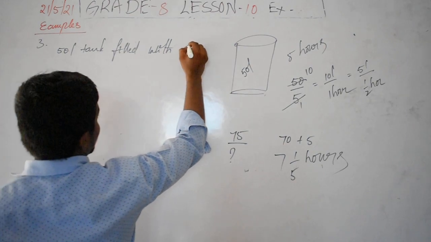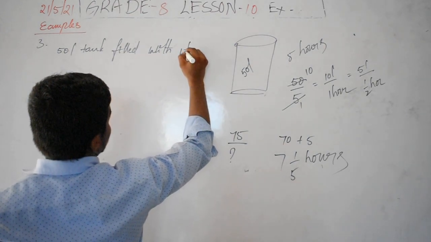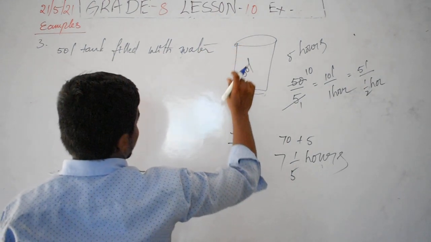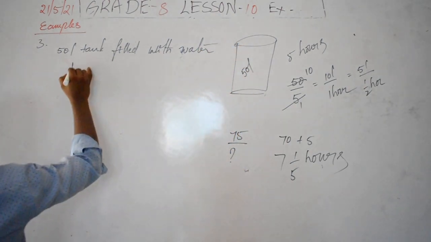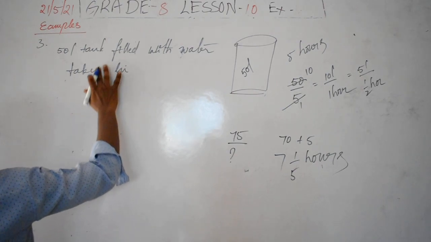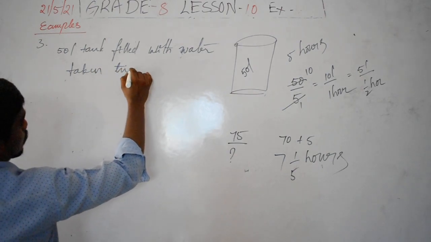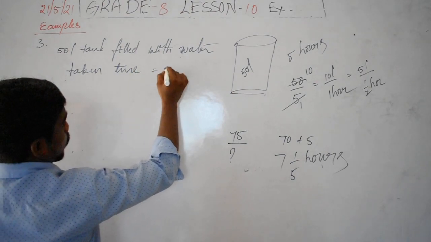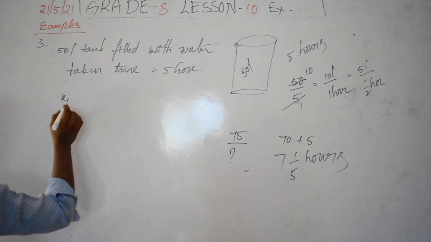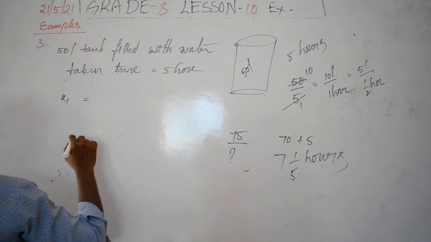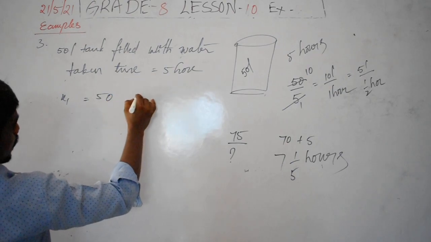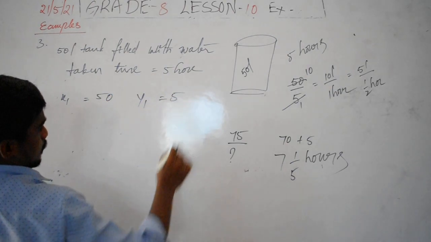The time taken is 5 hours. Now here x1 quantity is 50, y1 quantity is 5 hours.